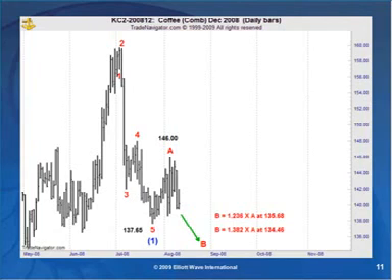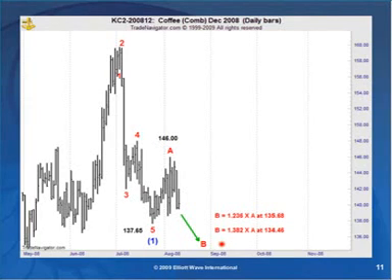Now, right here, I'm using some Fibonacci guidelines. What we want to do now, if we're going to set up the short iron butterfly, we want to estimate how far down wave B can go. And here are a couple of guidelines. We know that wave B is often equal to 1.236, that's the Fibonacci 1.236 multiple times wave A. And when we do that, that comes out to 135.68, which is down here in this area.